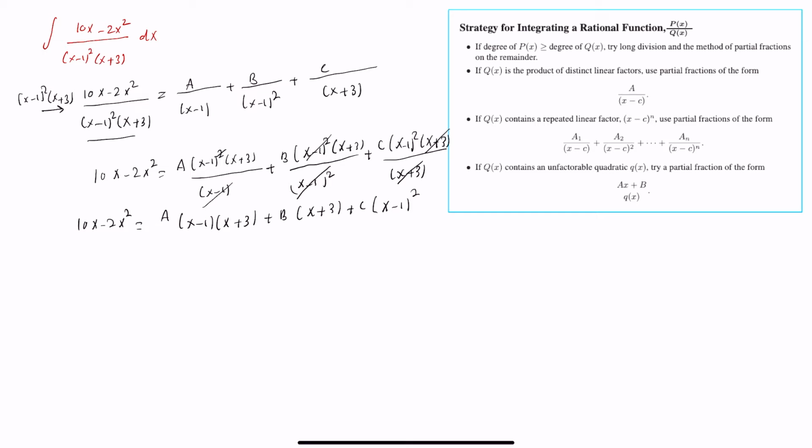The next step is to multiply each of these out. I'm going to call this number 1, this number 2, and this number 3. Let's go on this side and do these.